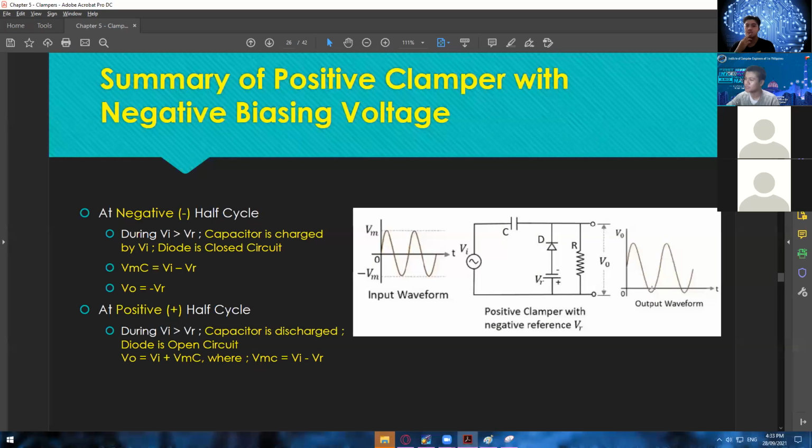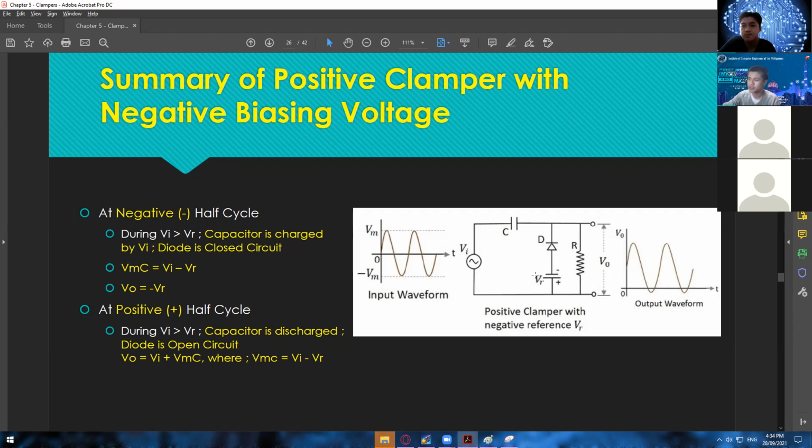Before it was lifted to positive, but in here it was brought down a little bit due to this reference voltage. So parang na-deduct siya or nabawas siya mismo dito sa reference voltage natin. So ito yung negative part na sumagi due to this biasing voltage.